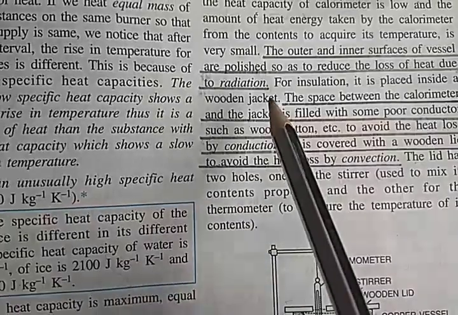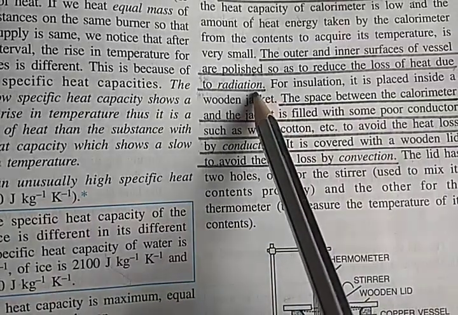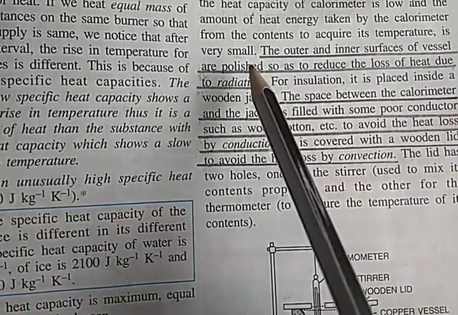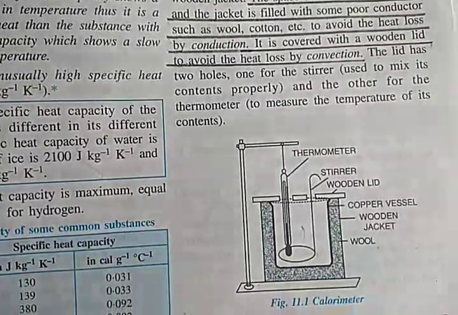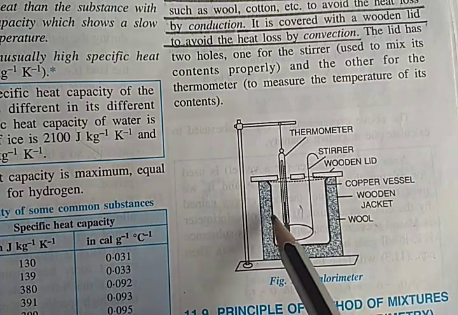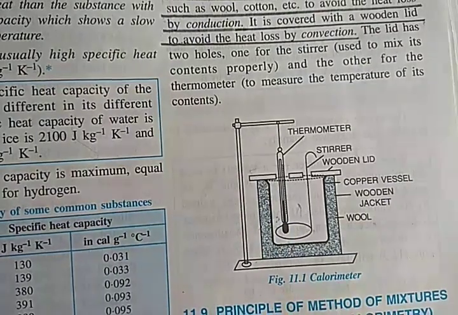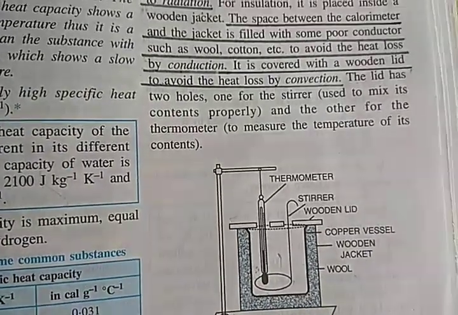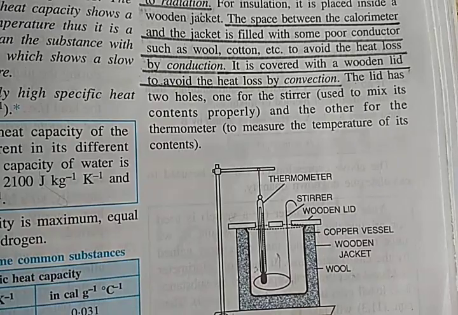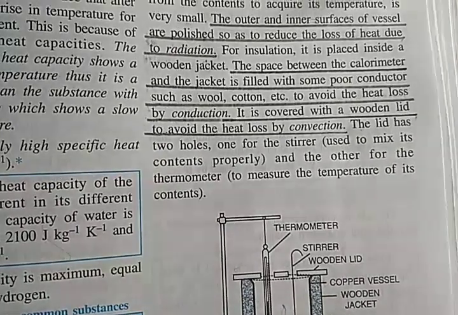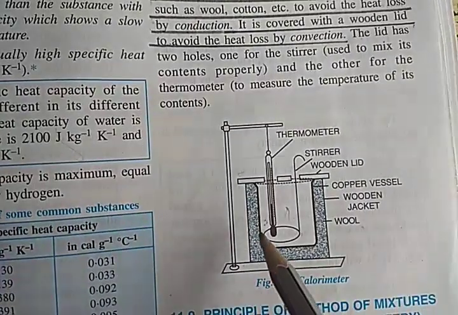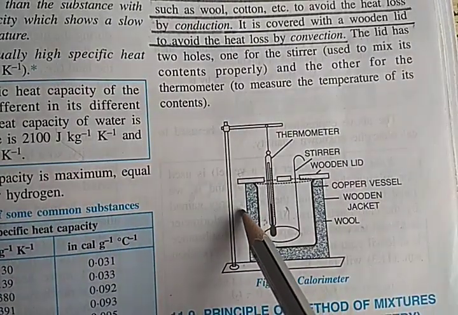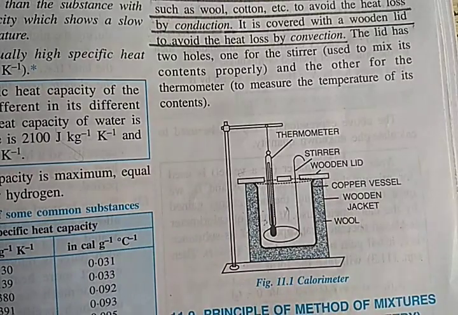To minimize the heat lost by radiation, we polish the inner and outer surfaces of the copper vessel. So the inner and outer walls of this copper vessel are highly polished, so that we can minimize the heat loss due to radiation.